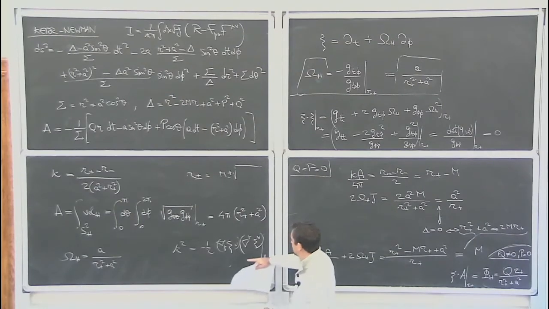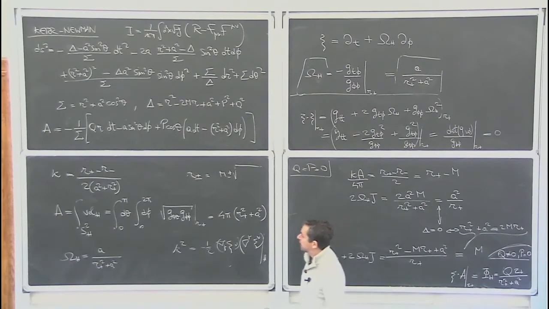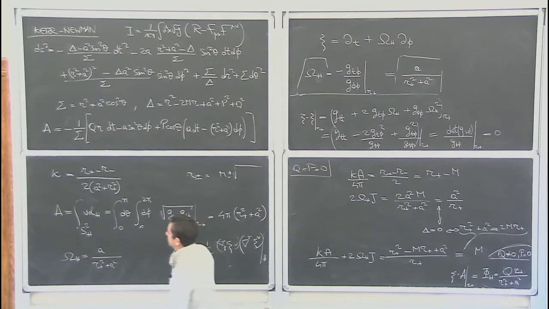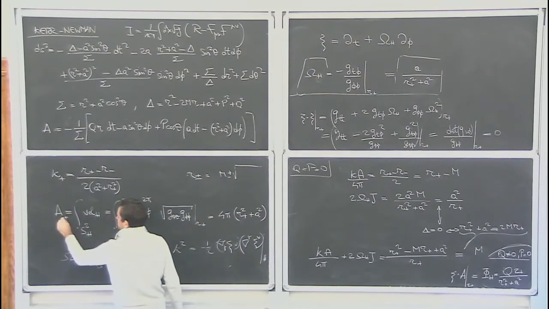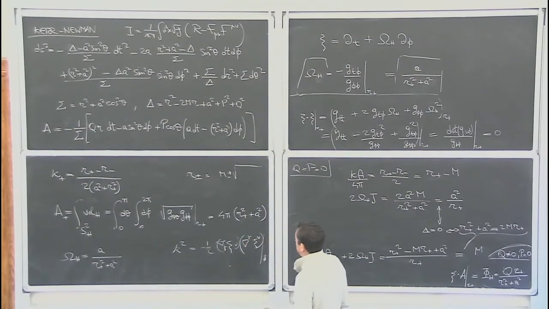The formula is the same, but you need to evaluate it in R minus. So that is specifically for R plus. This is the one, yes. I should always write kappa plus, A plus, but I just declared that I just look at the outer horizon. The area as well would change.